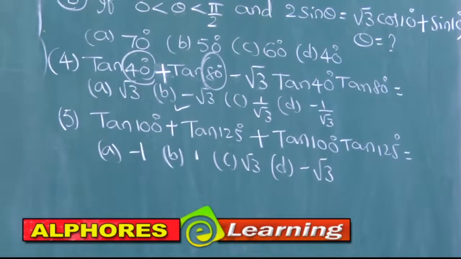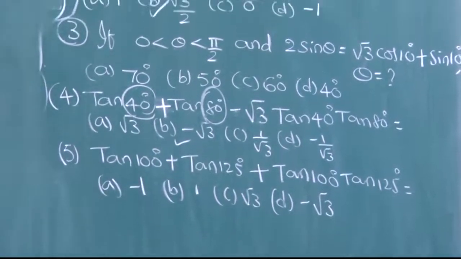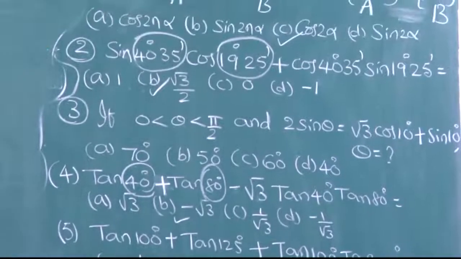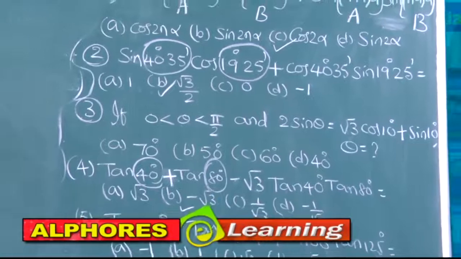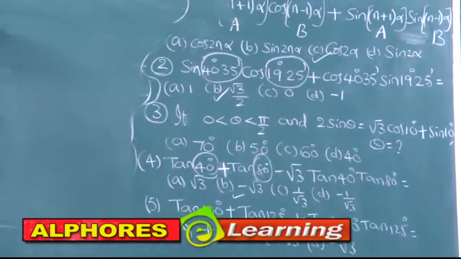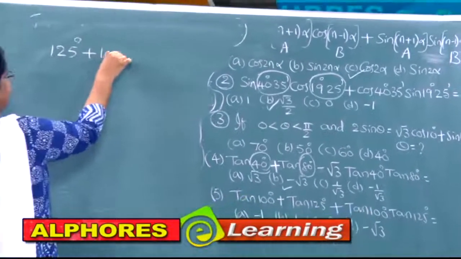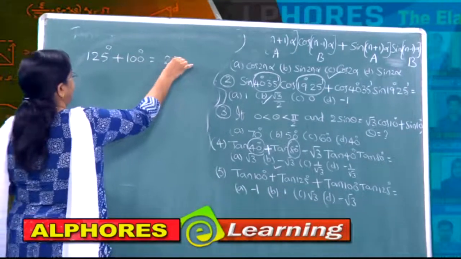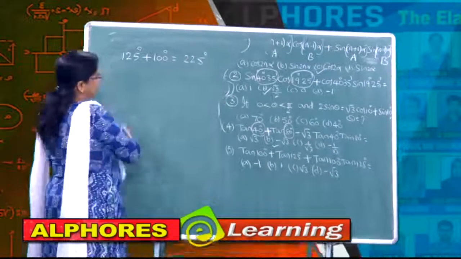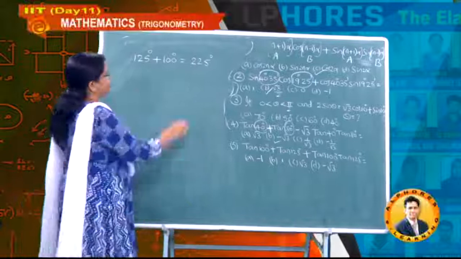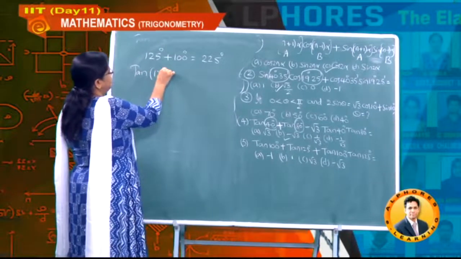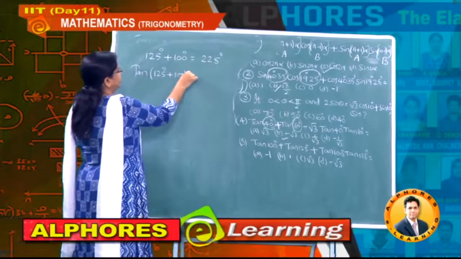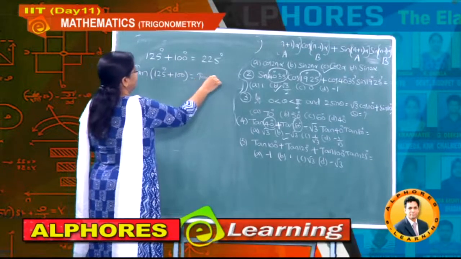Then how can you express it actually? If you want to do it in the same way, I will give the hint, that means you have to start the problem by taking 125 degrees plus 100 degrees. What is this value, students? It is 225 degrees. And then let us take the tan function on both sides, that is tan of 125 degrees plus 100 degrees equals tan of 225 degrees.